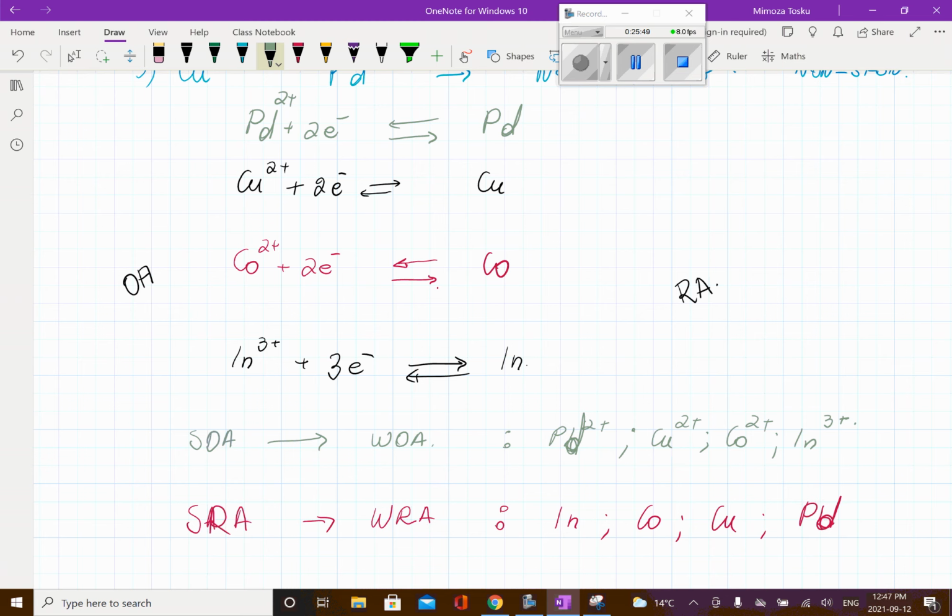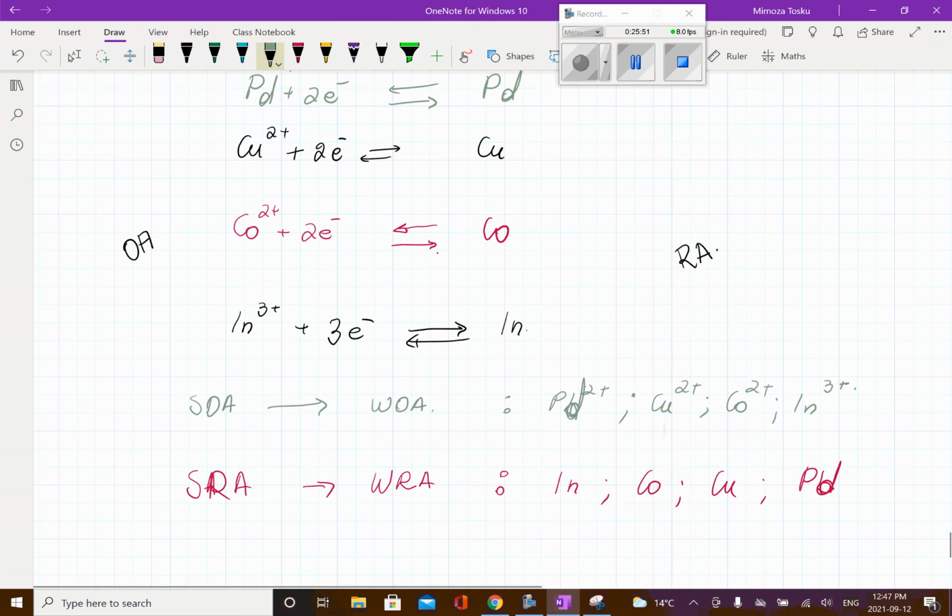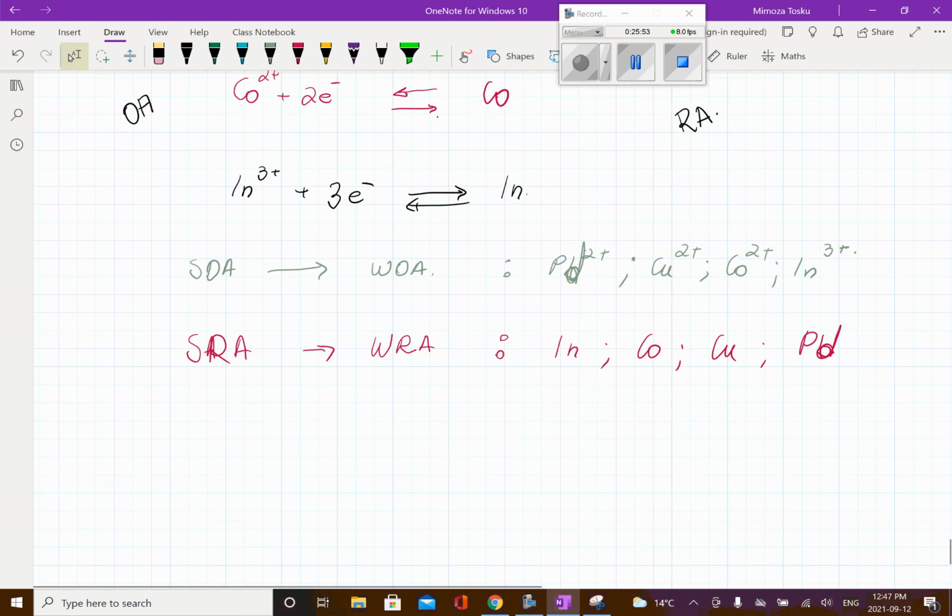Now let's see and predict a third type of question that you may see. Predict if a reaction, or evidence of a reaction, will happen when we have copper 2 plus and iron. Is it spontaneous or non-spontaneous?